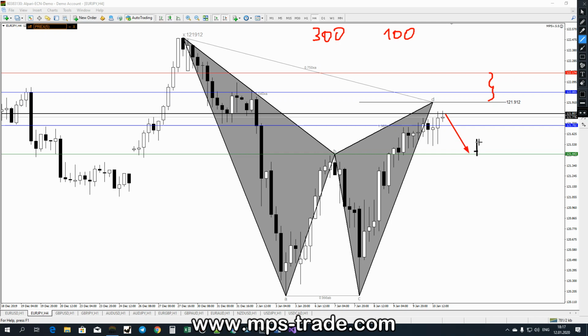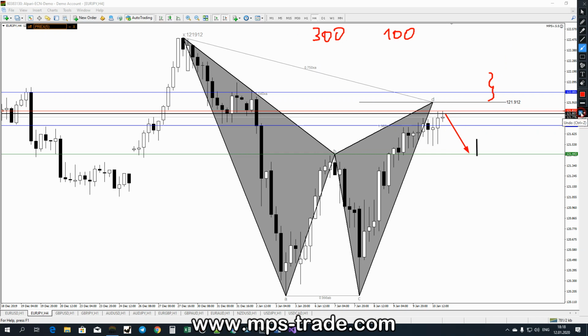If it bounces, then you need to move your stop loss to break even, or you need to move your stop loss to your reversal point. For example, this is your top, then you need to move your stop loss to that reversal, because there is a very high probability that it will go to the upside. It may continue after breaking that B point, retracing, and it may continue to the upside. That's why you should limit your risk to break even or to whatever.